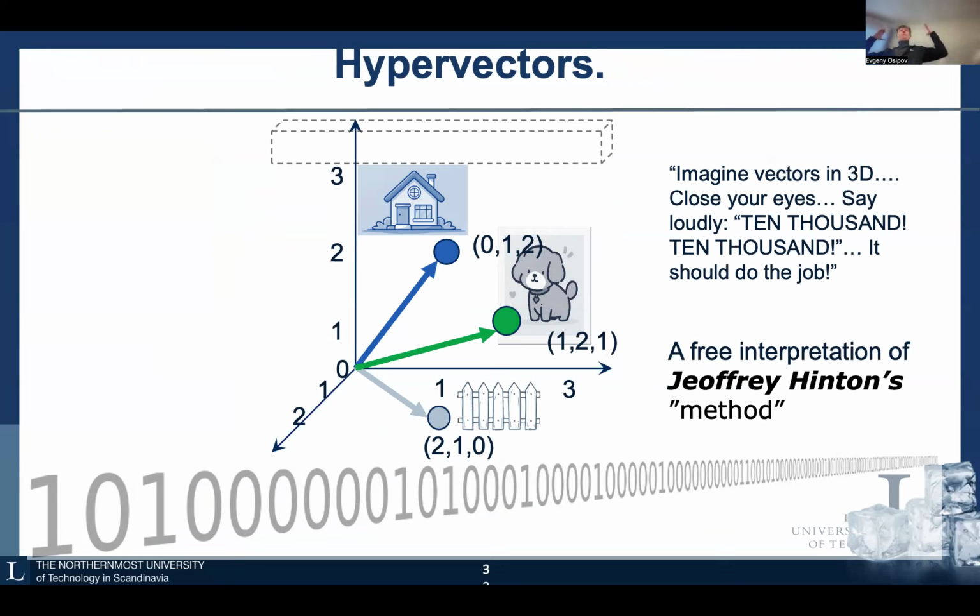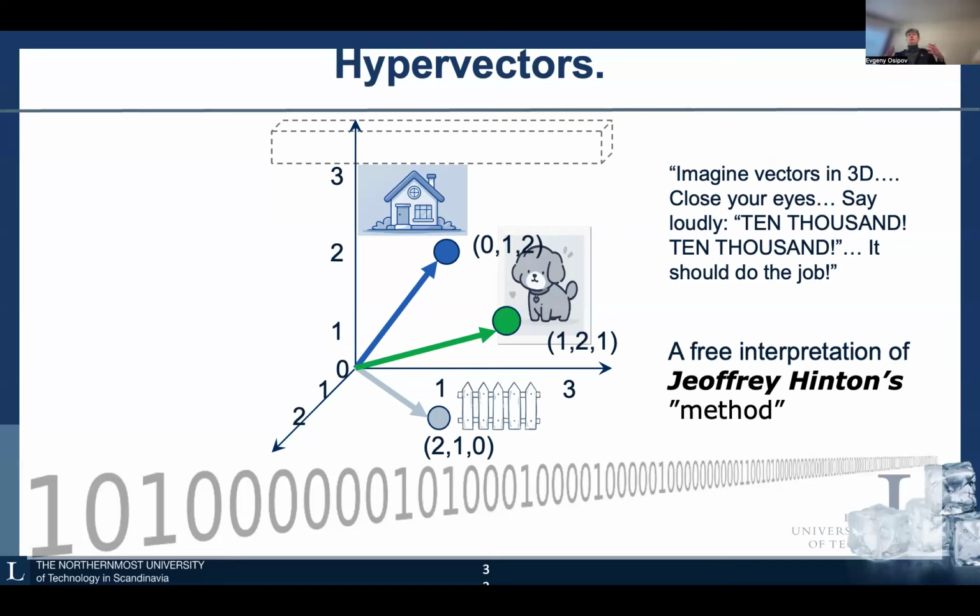These patterns will be of fixed size, which means that we will have some number of elements which will have different magnitudes. And we will now call these data structures not patterns but vectors.